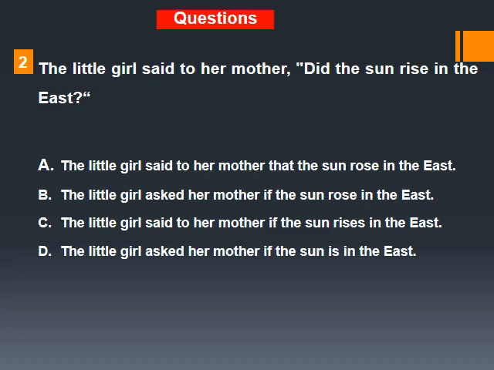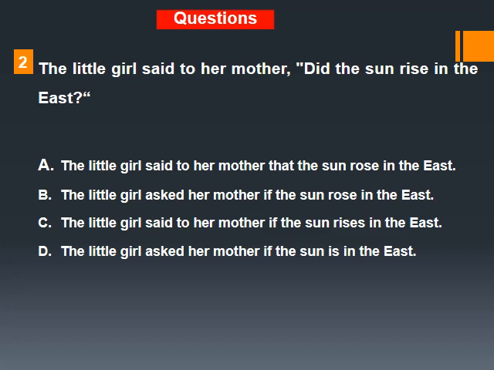So that is okay. Now again, did the sun rise in the east? It's a question. So whenever there's a question, it's always good to see that it should be given like ask. So you can see B and D are the better options. The little girl asked her mother.